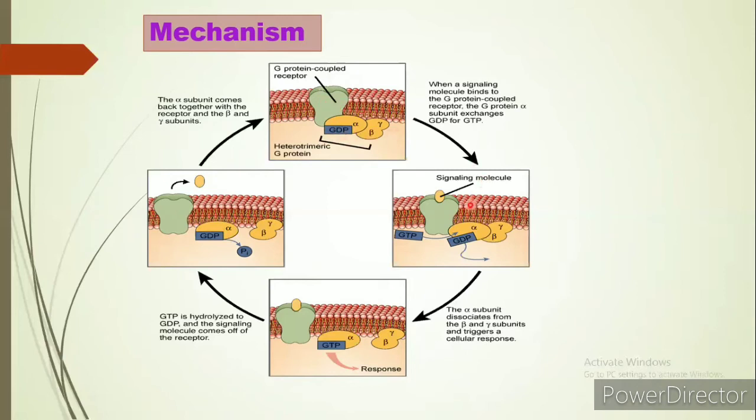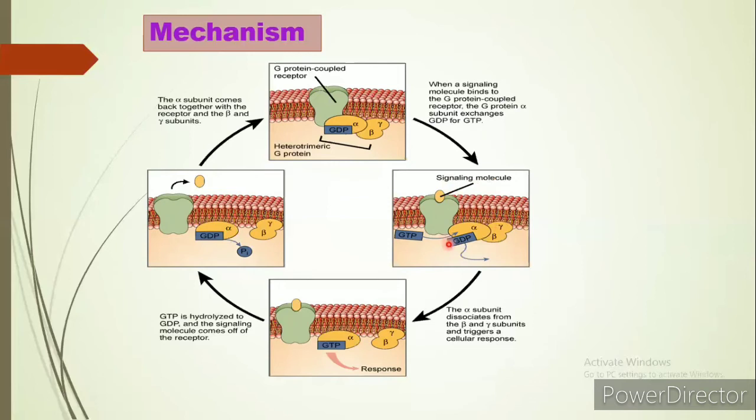In the second stage, the receptor faces the extracellular side of the membrane. Then a signaling molecule, the ligand, comes and binds to the receptor, and conformational changes occur on the intracellular side.